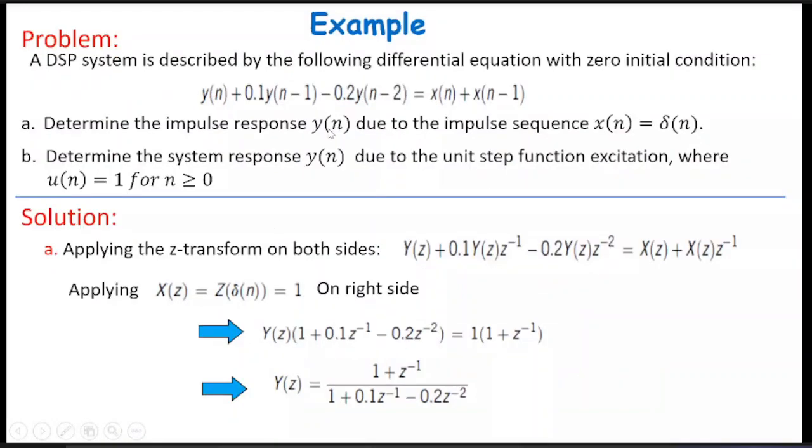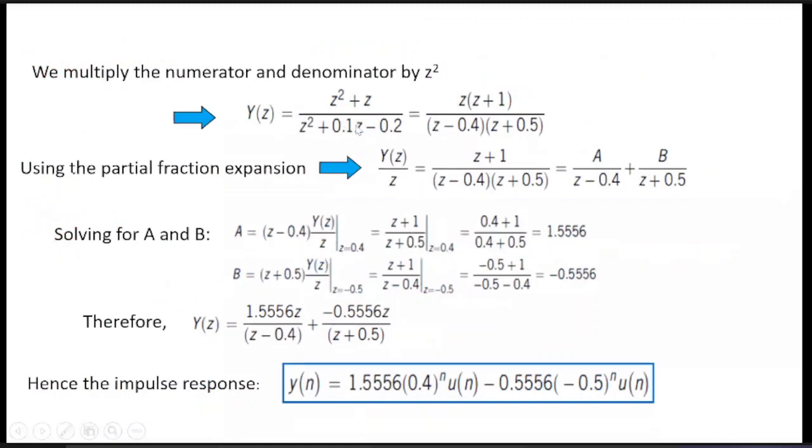Then you convert it into positive powers of z by multiplying with z square. So we can find the roots of the polynomial of the numerator as well as the denominator. According to the process of partial fractions, we get Y(z) by z.